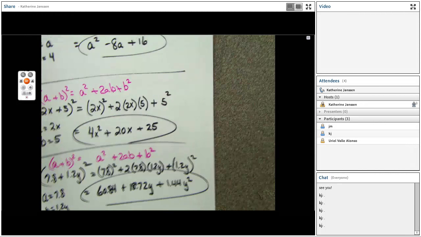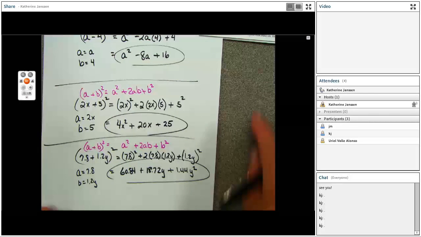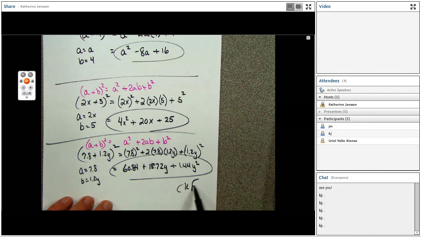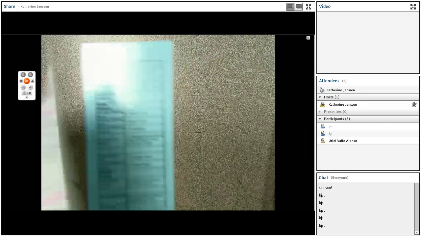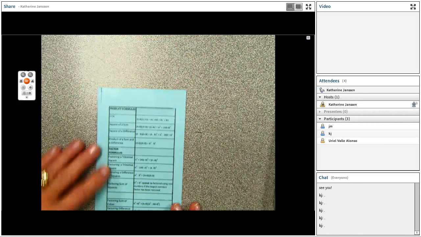Again, have faith in your form pattern. You can always check with FOIL. So we've looked at the special product rules for binomials.